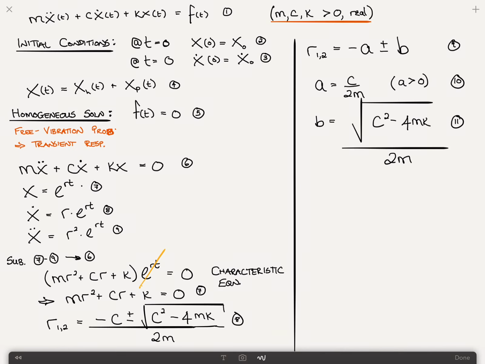Okay, and now we need to consider different cases. We'll call them case 1, 2, and 3, and those have to do with what is under the square root sign. The three cases are, what if this quantity is positive? What if this quantity is 0? And what if this quantity is negative?